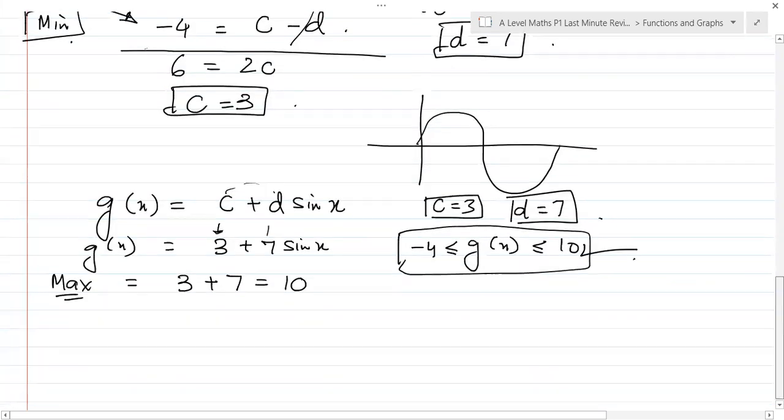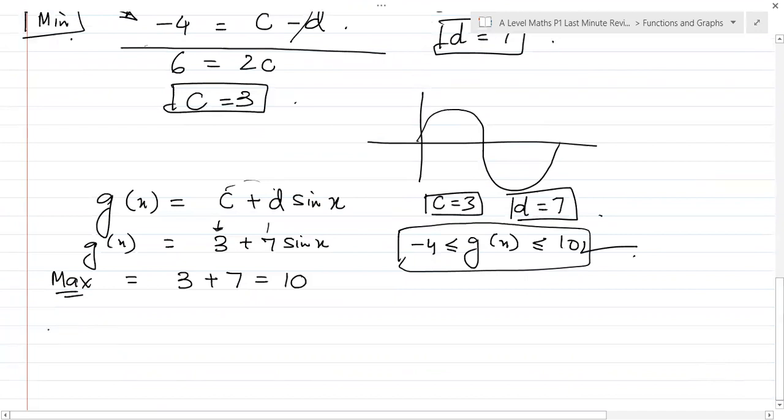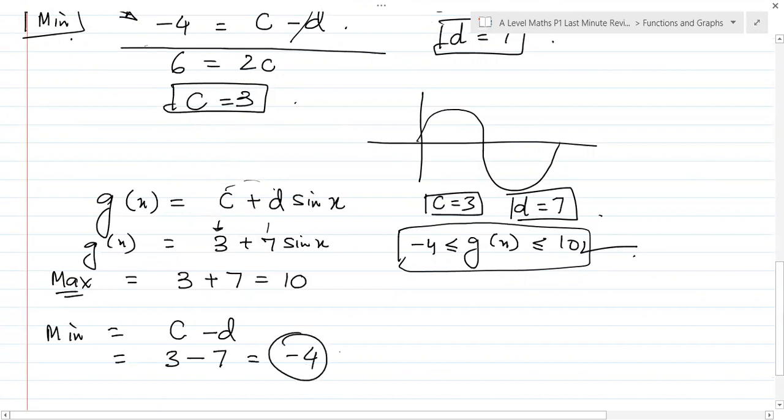In order to work out the minimum, the range would be c minus d. And over here, that would be c is 3 minus d is 7. So 3 minus 7 gives you -4. And that's the minimum you get, right over here.